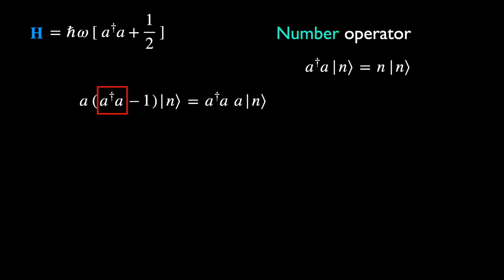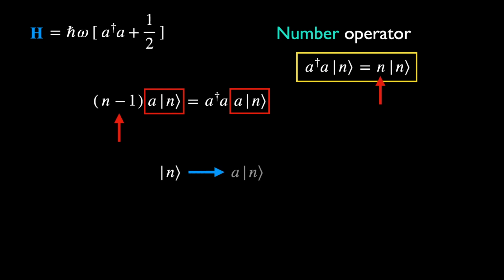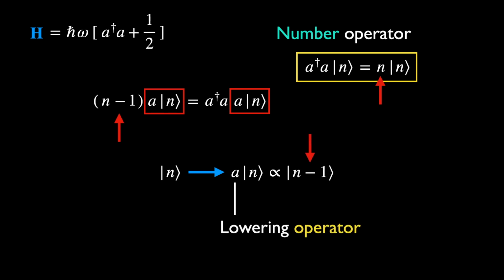On the left-hand side, we can apply the equation in the yellow box. Here, we can see that the effect of the operator A on the eigenstate n is to generate another eigenstate with eigenvalue reduced by 1. This is why A is known as the lowering operator.